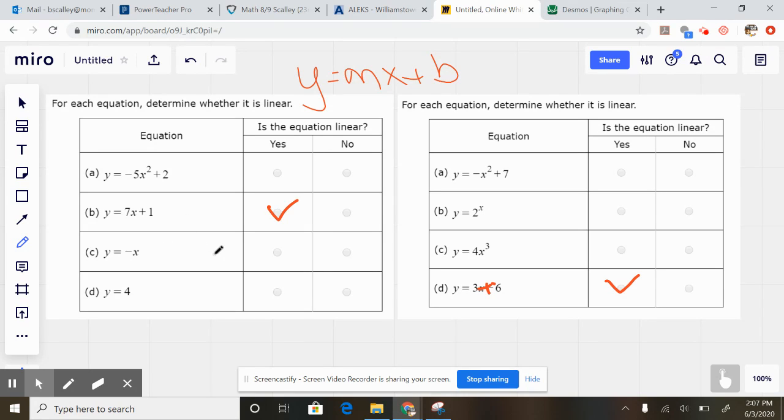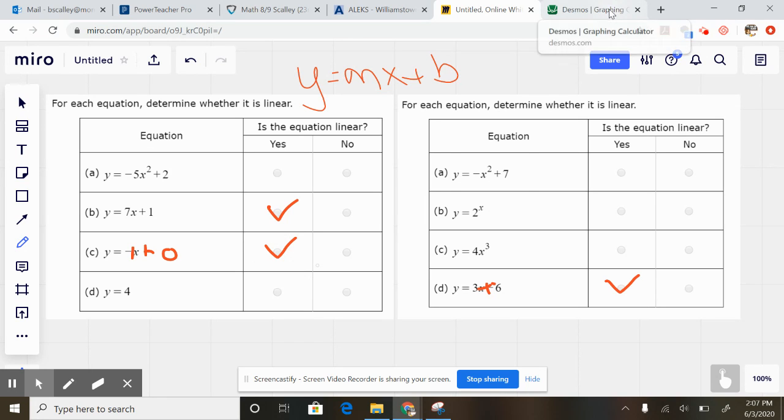I can rewrite this equation and say y equals negative x plus 0, and that's the same equation. Negative x and negative x plus 0, it doesn't change the equation. But now I know my slope is negative 1, and I know my y-intercept is 0, that is slope-intercept form. And since it can be written in slope-intercept form, I'm going to call it a linear equation.